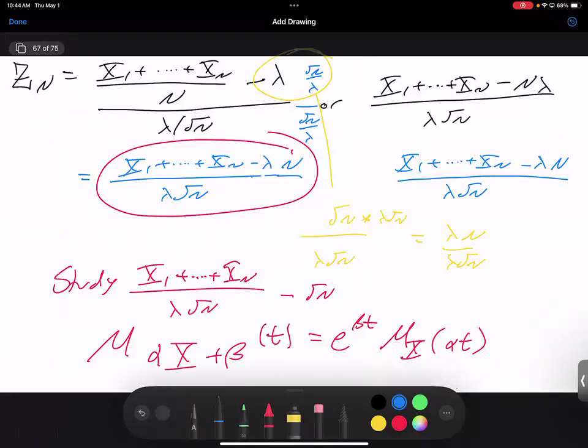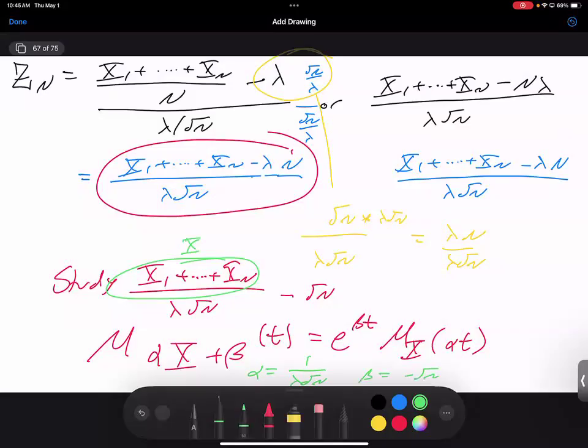Well, here, this x1 through xn, that's going to be my x. Alpha is going to be what? So what's the coefficient of x? So what would you, I'm sorry? 1 over lambda square root of n, right? That's the coefficient of the x. What's beta?